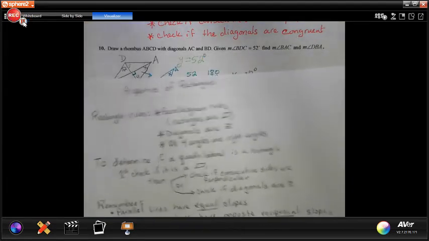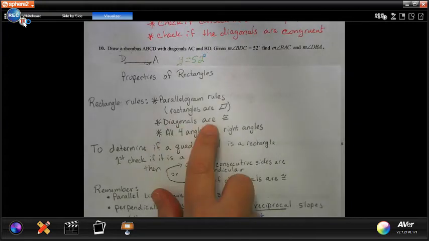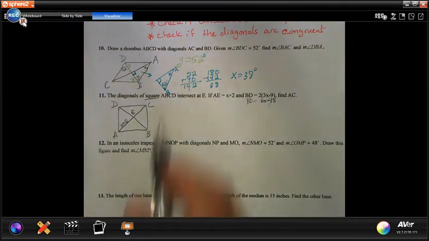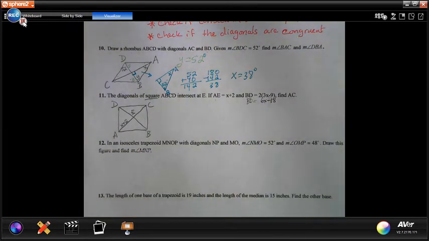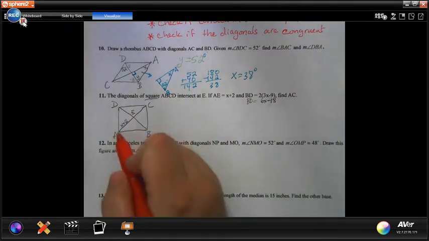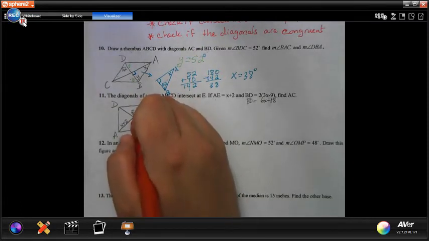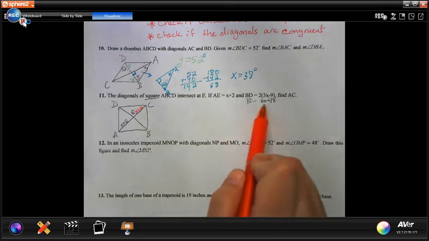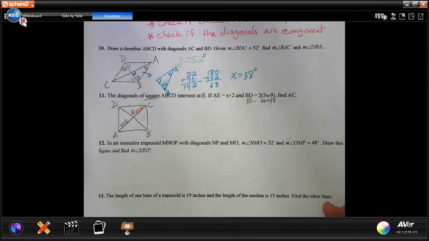So let's look at our rectangle rules. Oh, here we go. Diagonals are congruent. Okay. So we know the diagonals bisect each other, like I just said, since AE is x plus 2, then this is x plus 2. All of BD is 6x minus 18.